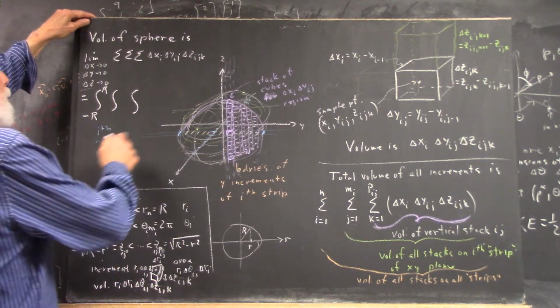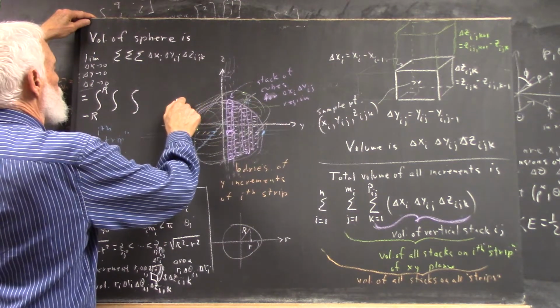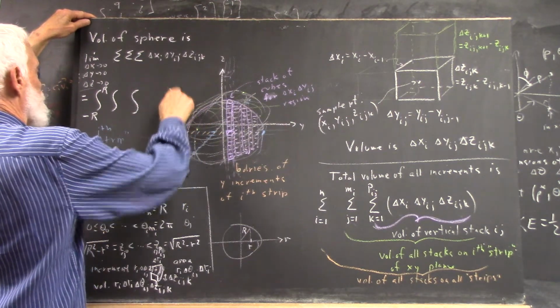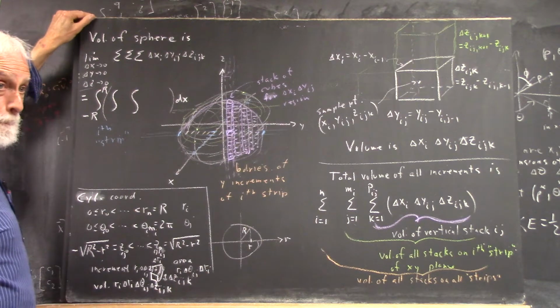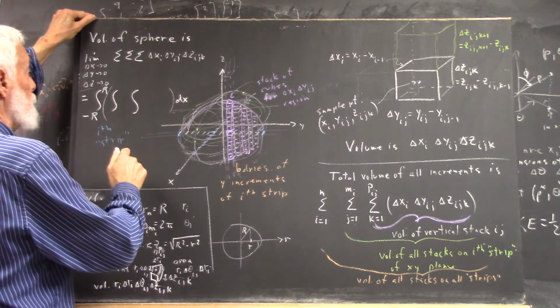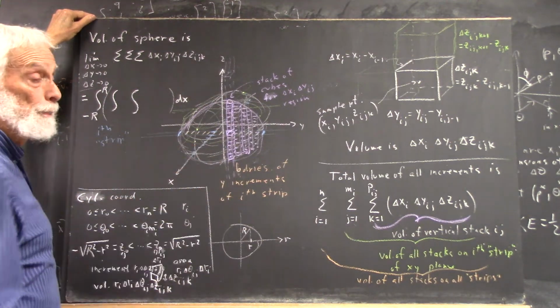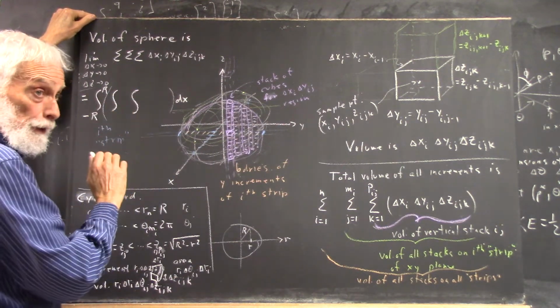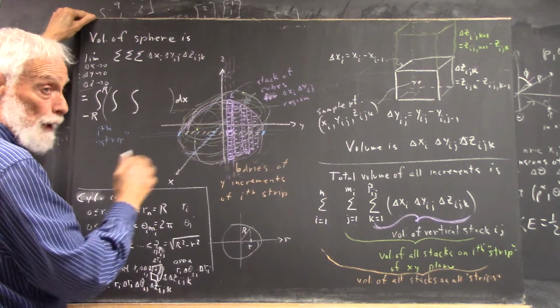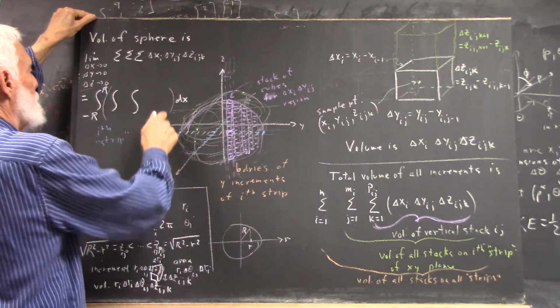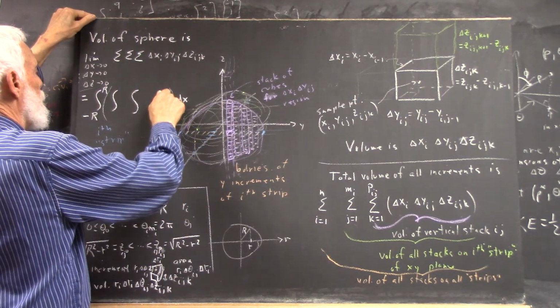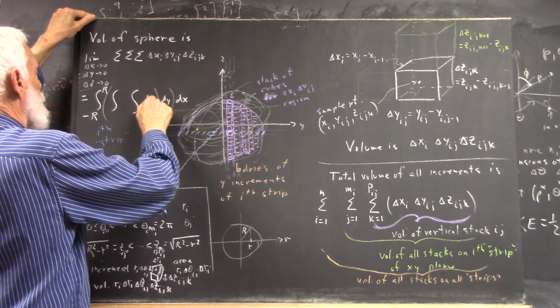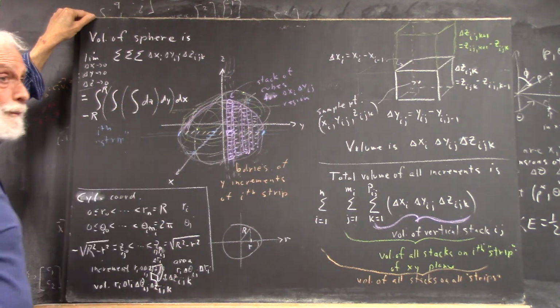Okay? So your first integral will be with respect to x, your outer integral, right? And then you'll integrate with respect to y, because your z limits are going to depend on x and y, okay? So it's going to be with respect to y, and then with respect to z.